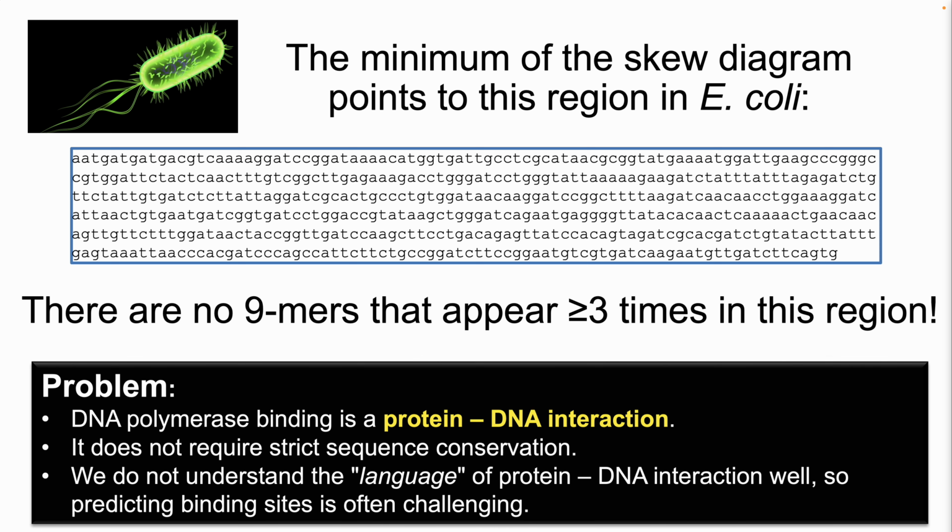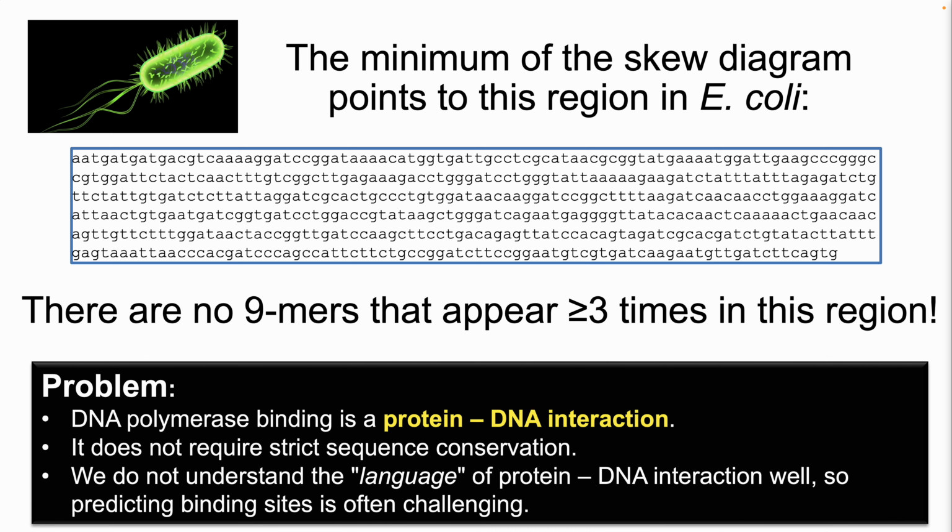The problem is a real biological one, and that is that DNA polymerase binding is a protein-DNA interaction, and so what that means is it doesn't require strict sequence conservation. Right? So it's not a one-to-one matching. That's why at the beginning, the pattern matching strategy, I said, oh, that's a good idea.